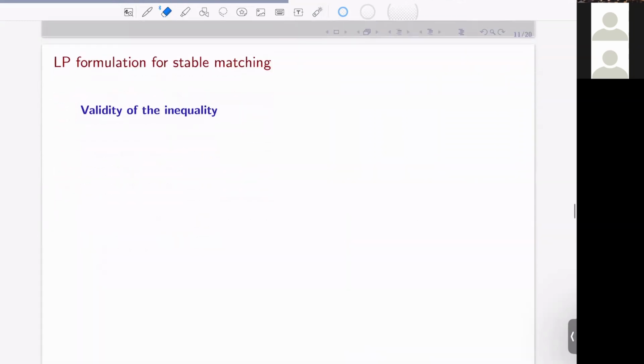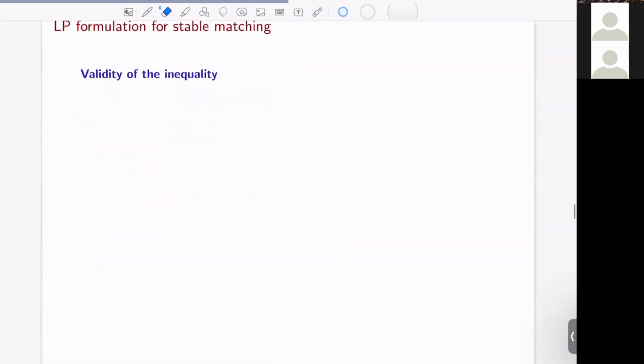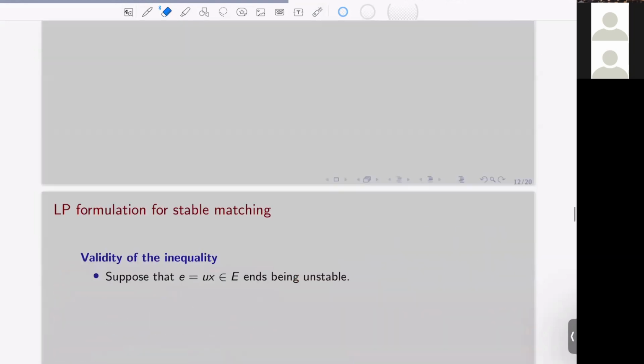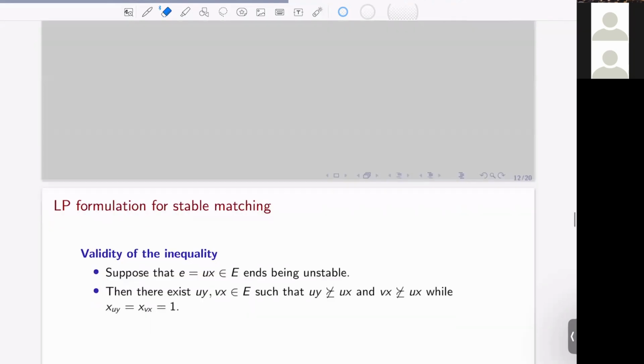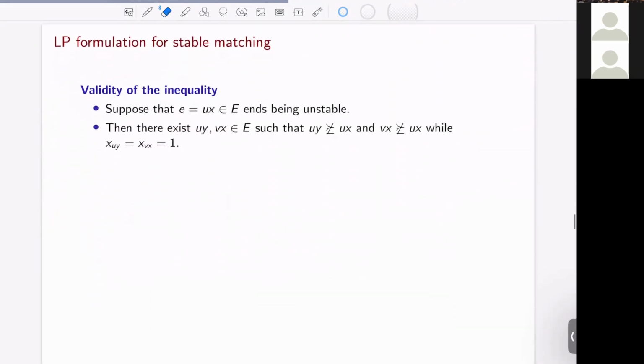Let's prove that this inequality is actually valid, in the sense that it actually avoids any unstable pair. Okay. So suppose that this UX is an unstable pair. Then what it means is you have UY and VX such that UY is connected and VX is connected.